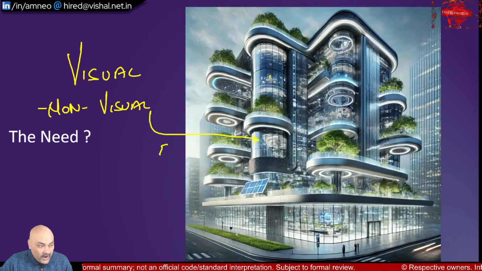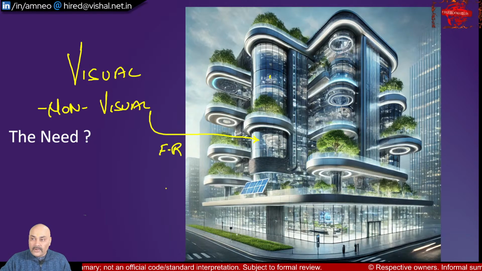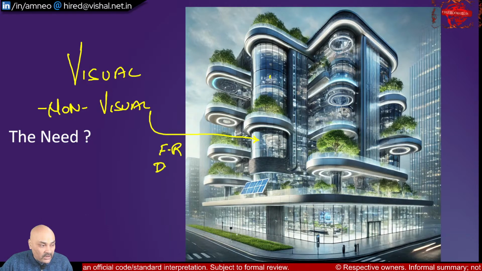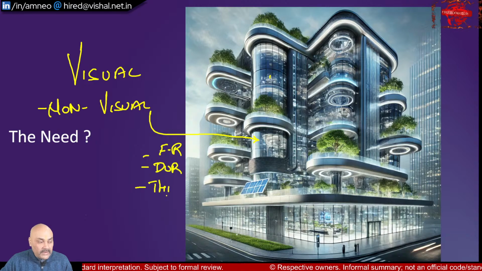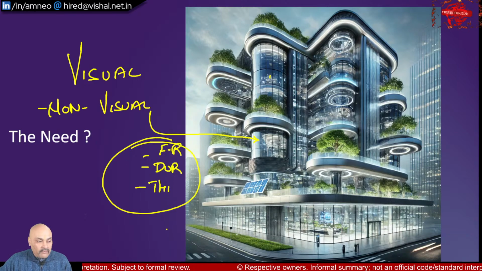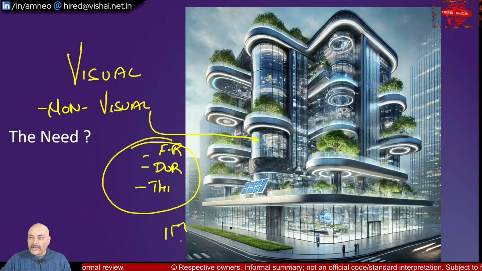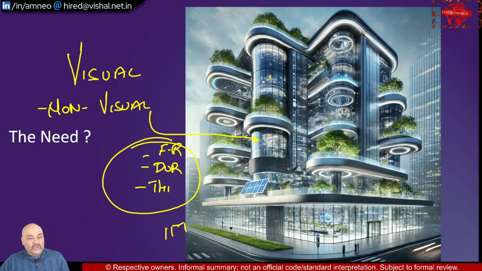What is the fire rating of this glass? What is the durability of this glass? What is the thickness of this glass? That's called information modeling. Voila. If you ask me, I've already done the whole class, if I'm not wrong. So that's the visual and non-visual information.